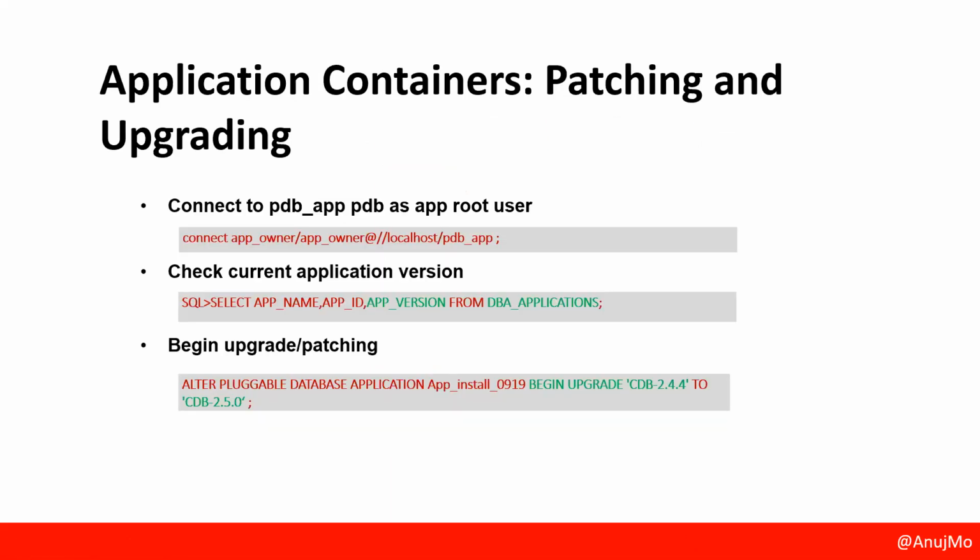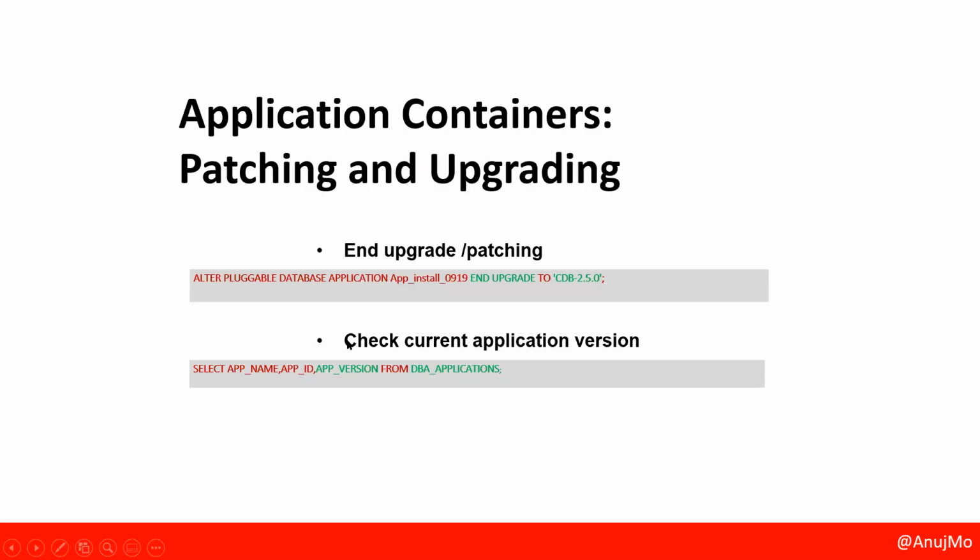And I have the commands here also, so you can use all these. Like here I'm checking what my app version is, and then I'm doing an upgrade or patch, and at the end I'll complete with the end upgrade and give it a defined version. When I check my app version, it'll show me that this is the new version.